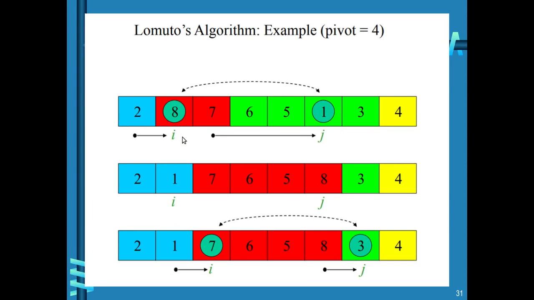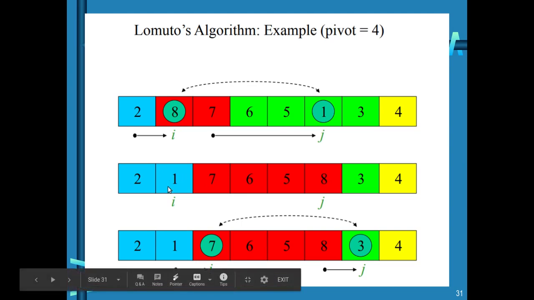So we increment I into our greater than partition to look for any other numbers that we need to swap over. Here, these are all greater, but we do find a 1. When we find the 1, that's when we swap with 8, right? And now we have this new partition. All of these we've already looked at when we compared to 8, and we know they're all greater than 4, so we don't have to look at those again.